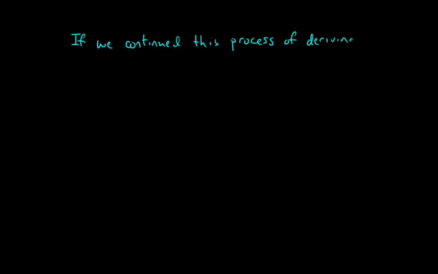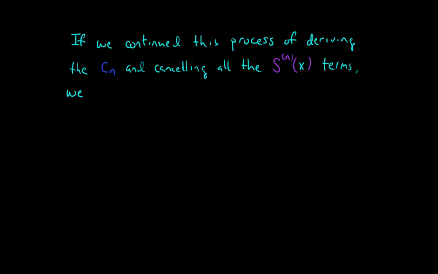Now, if we were somehow able to infinitely continue this process of deriving the c sub n and canceling all the s sub n of x terms on the right-hand side of the equation, obviously that's impossible, but imagine that we could, we could cancel all of them.